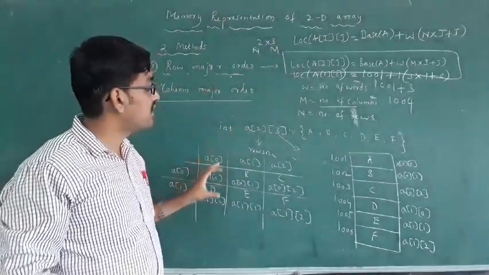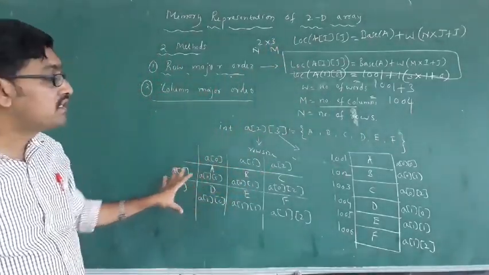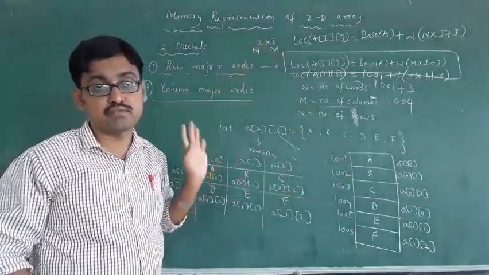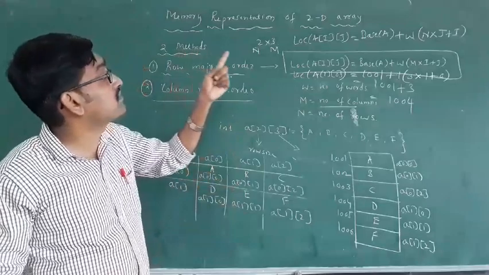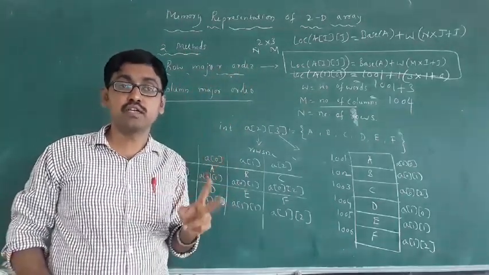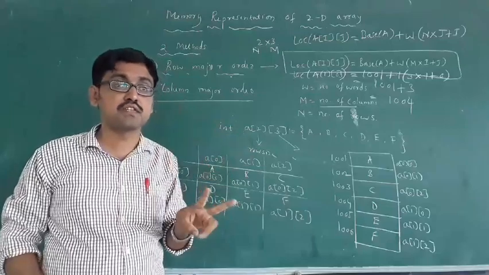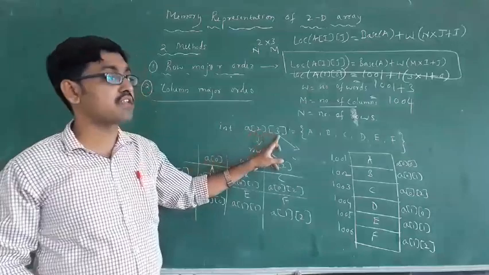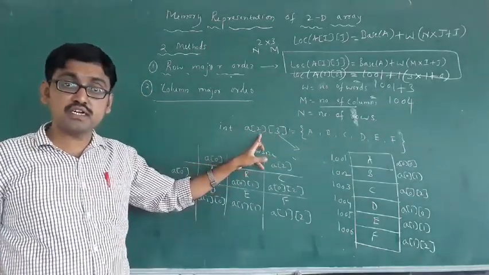Then how to write this diagram. You have to write this diagram, then you have to mention these two formulas. This is a memory representation of a 2D array. In a 2D array we always have two subscripts. You have to remember this. The subscripts: this is row size, this is column size. Row size, how much here? 2.